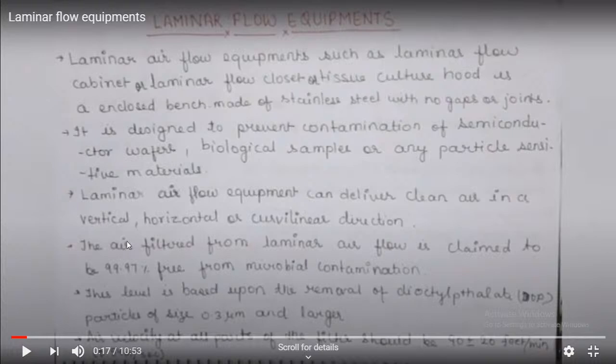This equipment can deliver clean air in a vertical, horizontal, unilateral, or cross-flow direction. The air filter of the laminar airflow is claimed to be 99.97% effective against microbial contamination, so the air passing through has 99.97% purity.